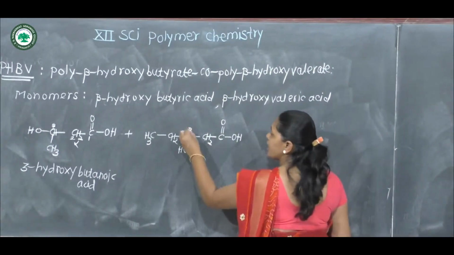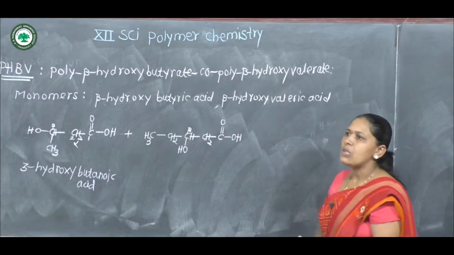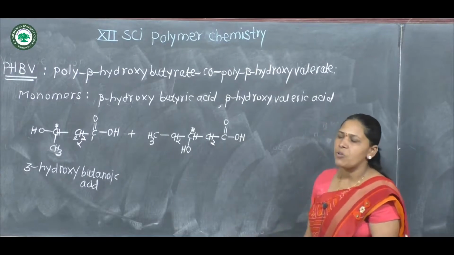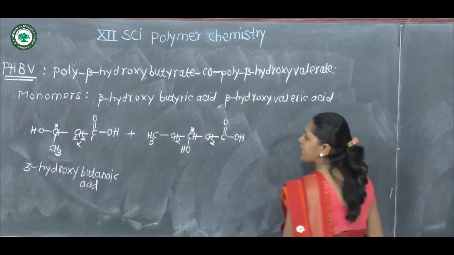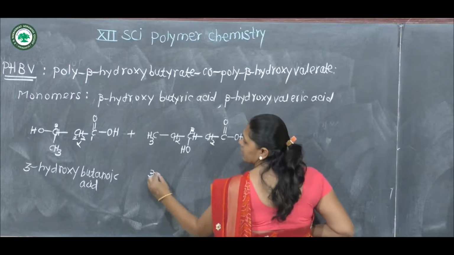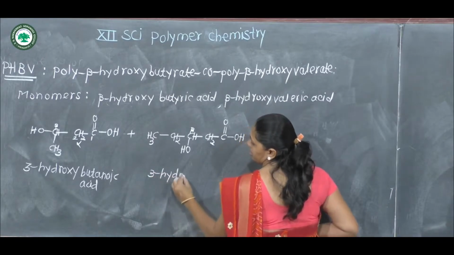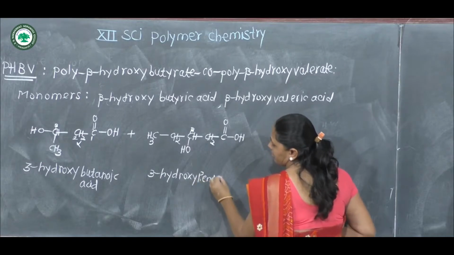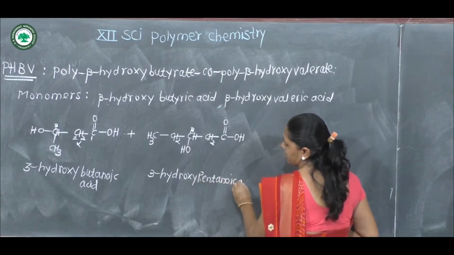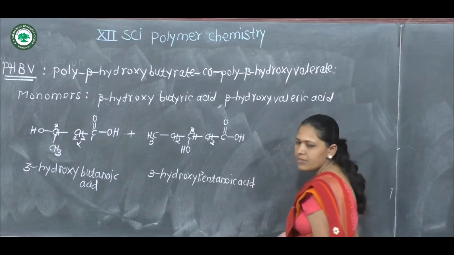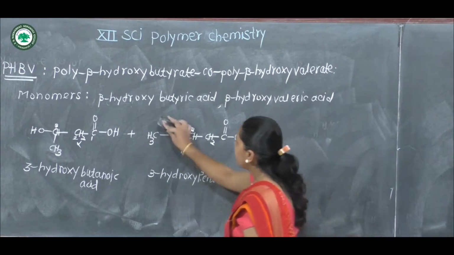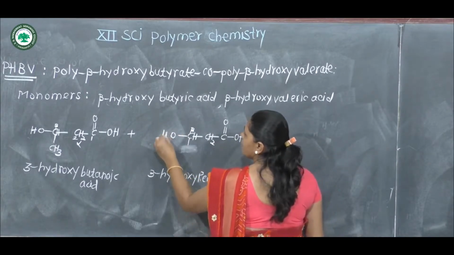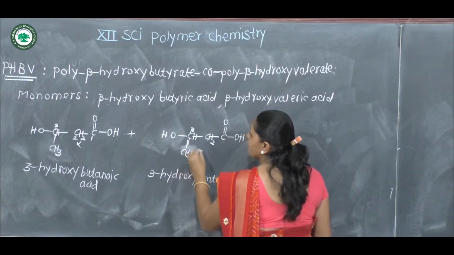At the 3 position there is an OH group, therefore 3-hydroxypentanoic acid. We can rearrange this structure as OH, CH2, CH3.